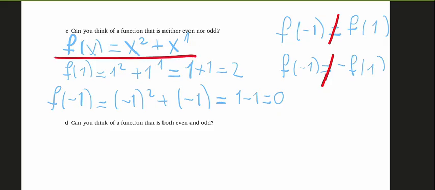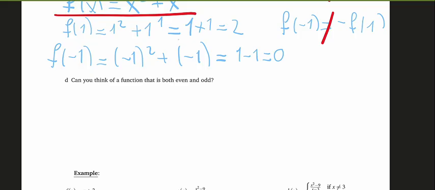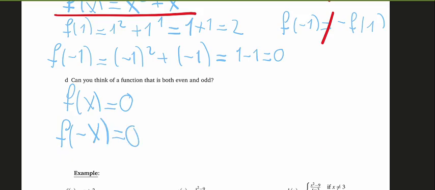If you want to find a function that is both, apparently, there is a function that is both even and odd. And let me point your attention to this. It is the function f of x equals 0. Why is that? f of negative x is going to stay 0. This function is always going to spit out 0 regardless of what you plug into it. Good.